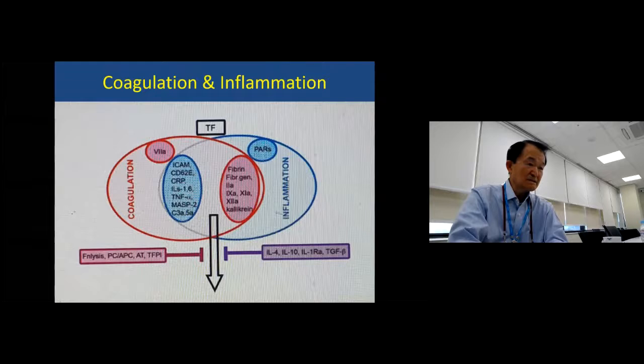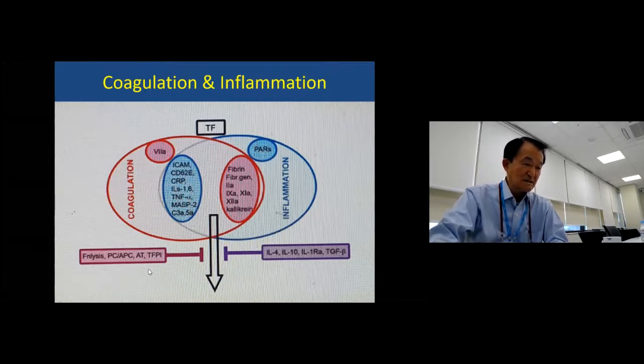So again, the coagulation process and the inflammatory process share certain genes and some factors together. So how we balance things is a key issue. If it's not balanced, it goes this way, coagulation, or this way, inflammation, by all kinds of factors, cytokines.